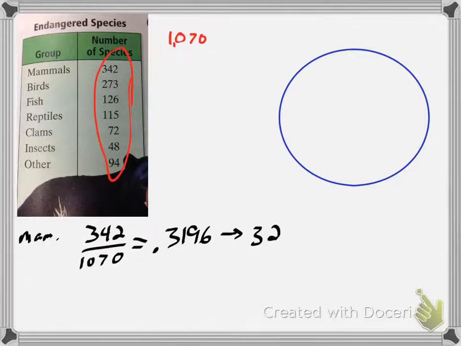I'm going to put 32% because this is an estimate. Now I'm going to write that right here, 32%, that way I don't run out of room later when I'm showing you the rest of the problems. But I'm going to do it for each one of these.